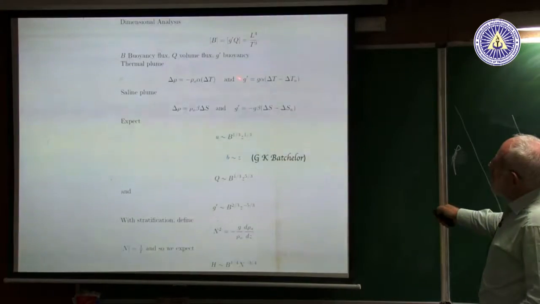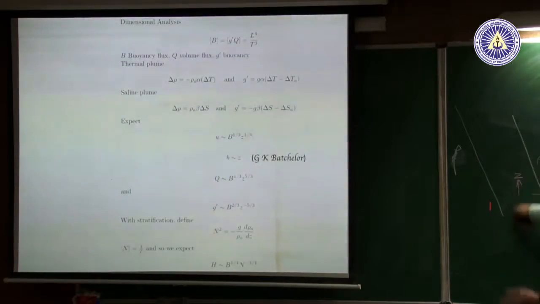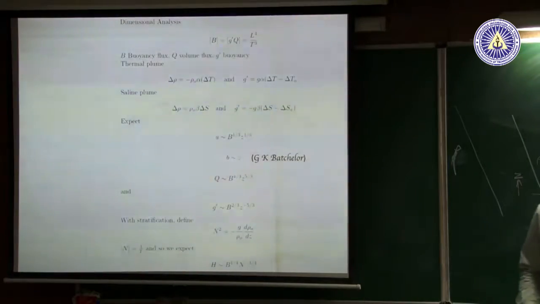That makes the effective g prime this same relationship with the temperature subtracted from some atmospheric or ambient outside temperature. Now, very often, just like here when I had a sugar plume, one in the oceans has salt plumes, or one in an experiment uses salt.